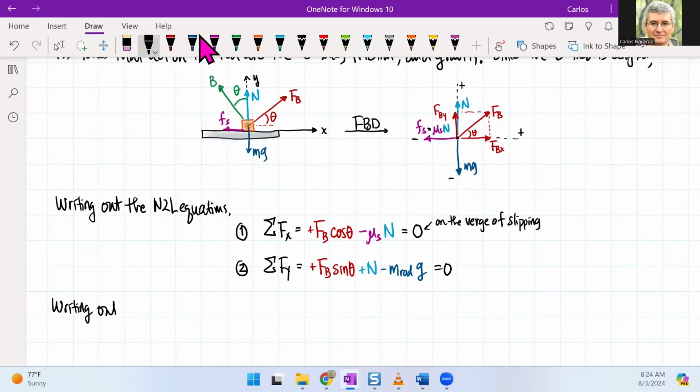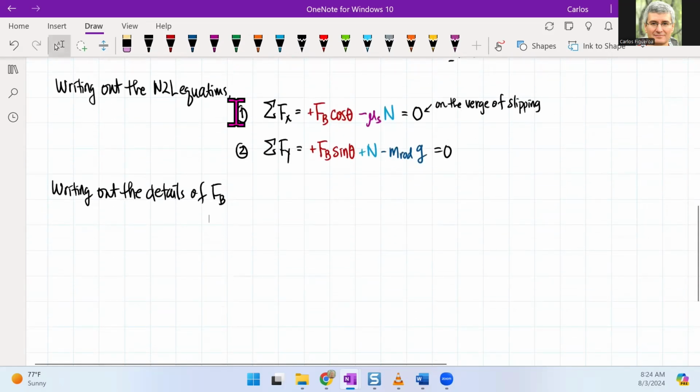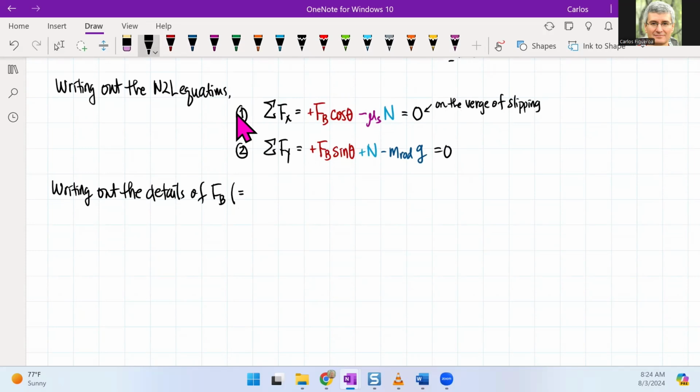Writing out the details of F_B. Now remember, when I say F_B, I really mean that I'm writing this as ILB, and this guy is going to be at an angle of 90 degrees relative to the magnetic field.